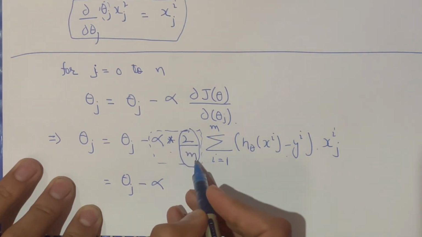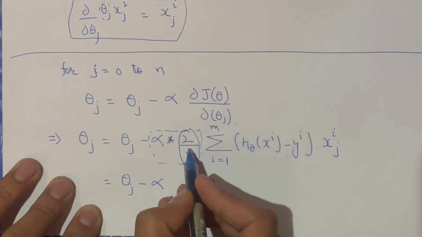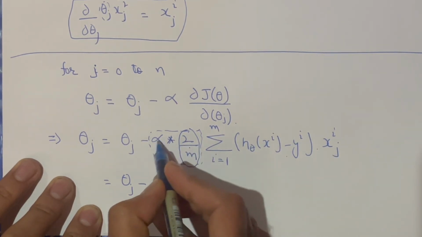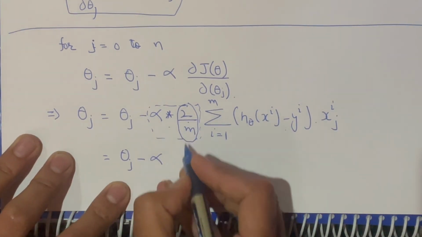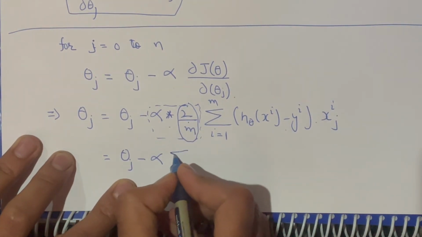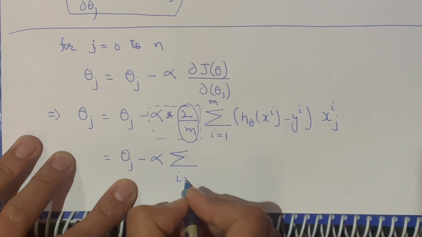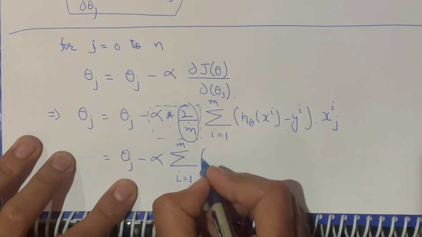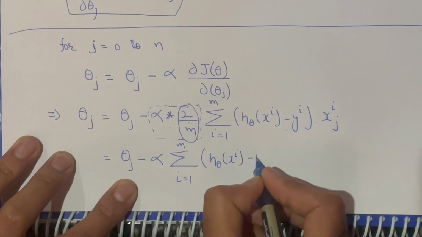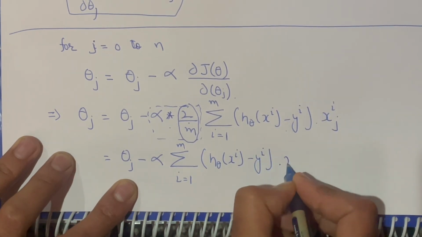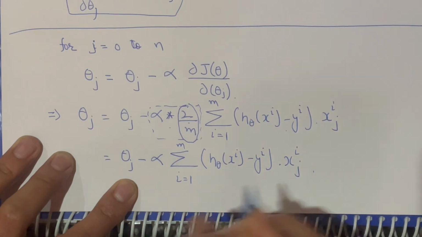If we neglect this, that means we can incorporate these two itself into the alpha. So we can easily neglect 2 by m. We will write it i running from 1 to m h of theta xi minus yi into xij.